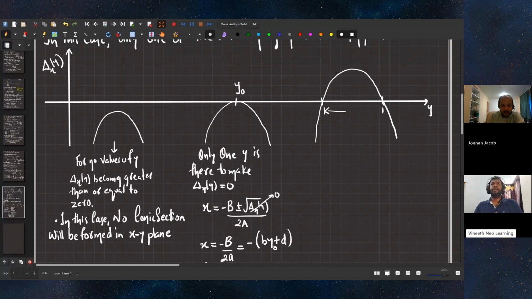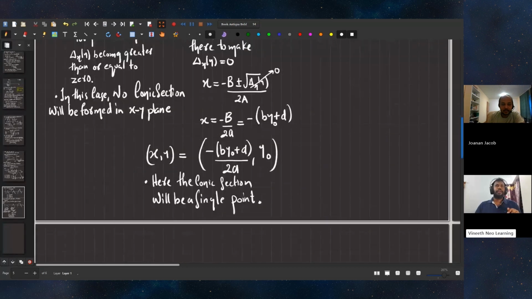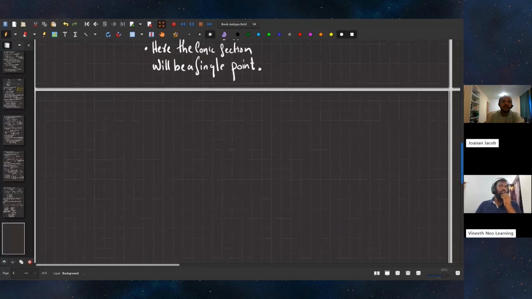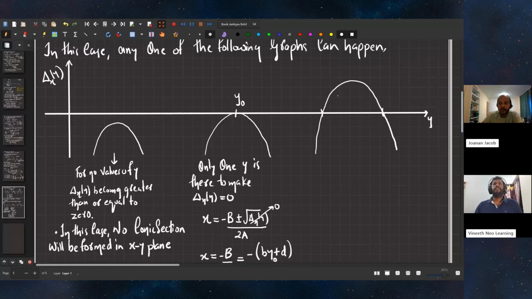This is the range of y values from y1 to y2. This actually requires a detailed study. Let me name these two points y1 and y2.